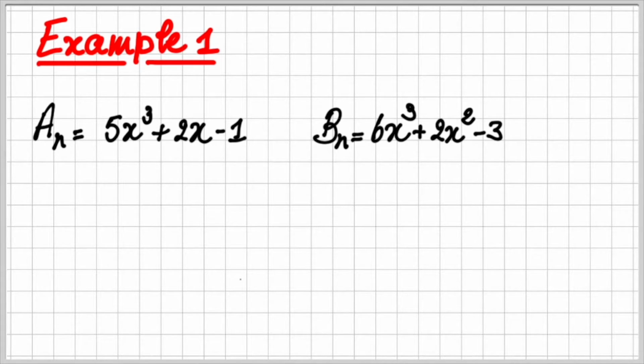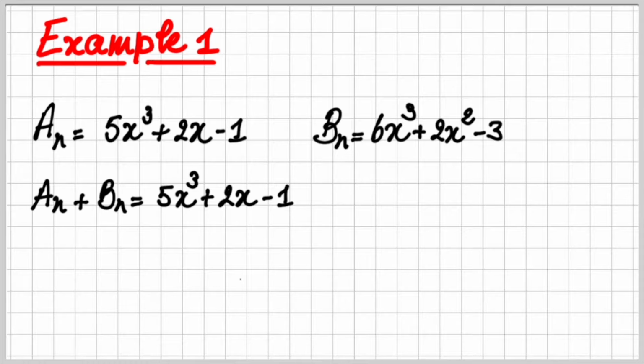We see that both polynomials have the same order, which means that we can do the addition like we did before. So first of all, we have the sum of those two. So we have 5x to the power 3 plus 2x minus 1 plus the second polynomial 6x to the power 3 plus 2x squared minus 3.